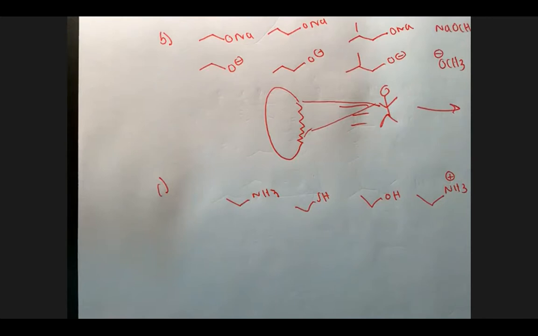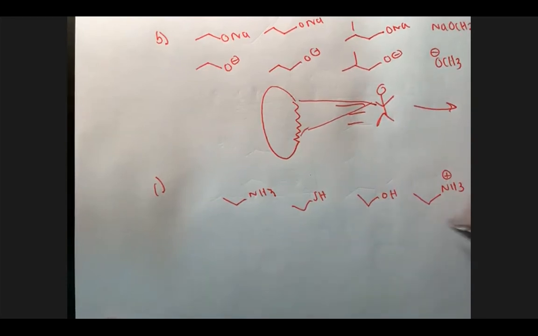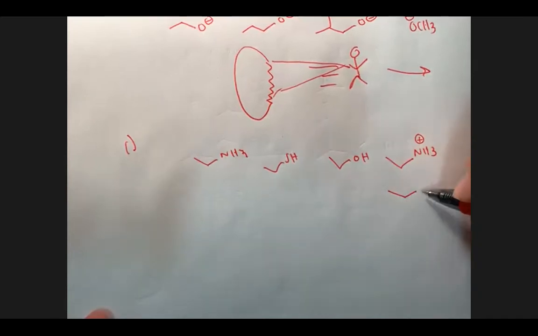Remember, we are looking at nucleophiles here. Let's just draw that structure out in Lewis form. Does this protonated amine have any electrons to give? No. So is this even a nucleophile? No. Great, the worst one.